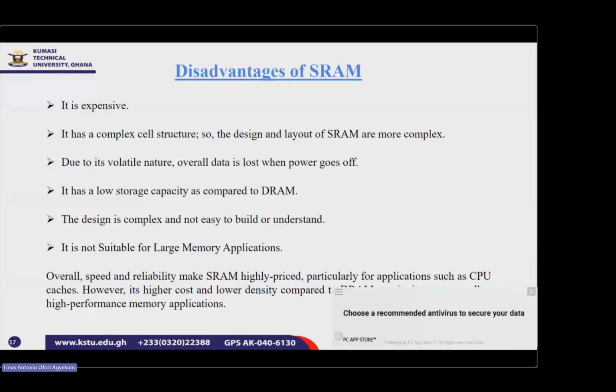Now, comparing the SRAM and the DRAM, the SRAM has lower storage capacity. Again, because of its complex structure, it is very difficult to build or to understand its design.